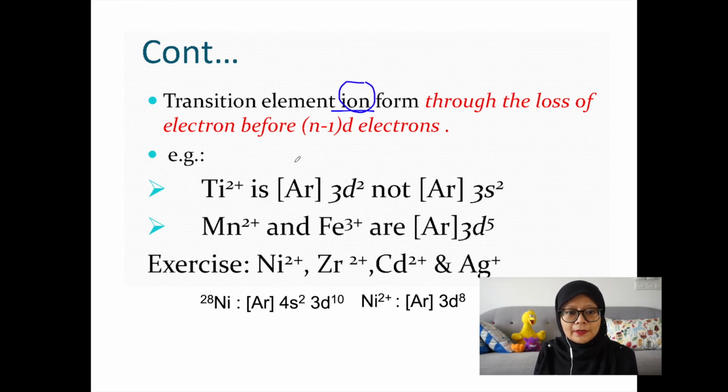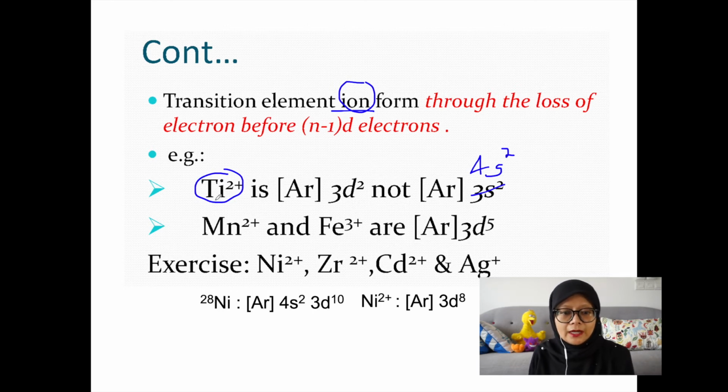For example, titanium 2+: the electron configuration is Ar 3d2, not Ar 3s2. Actually it is 4s2, not 3s2, so please do a correction on your slide.